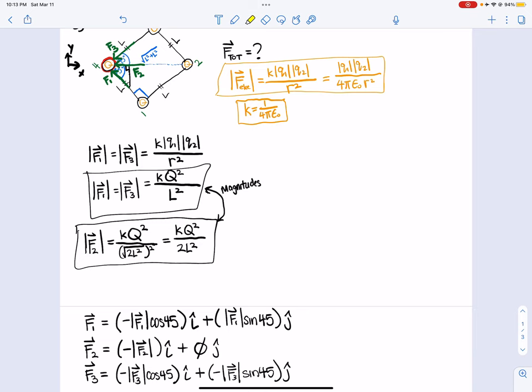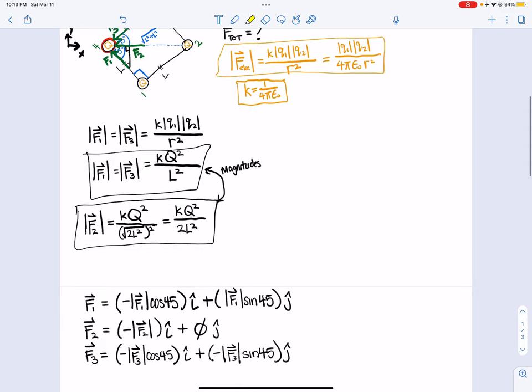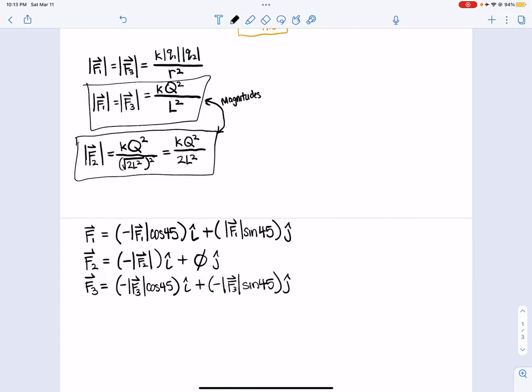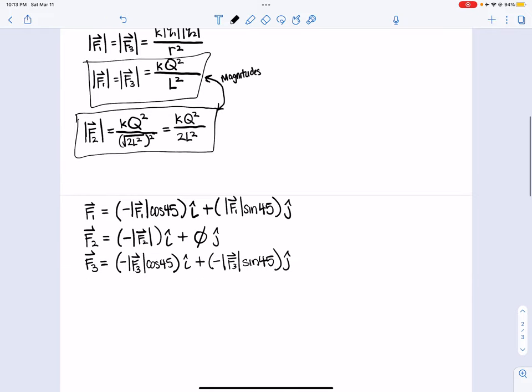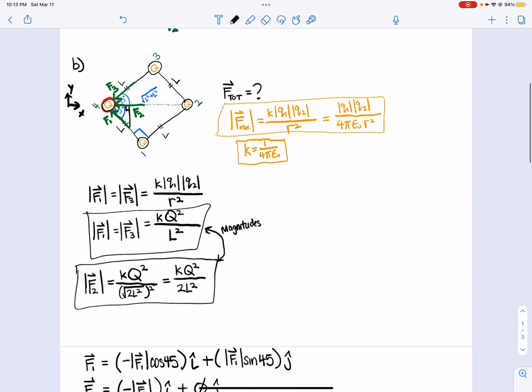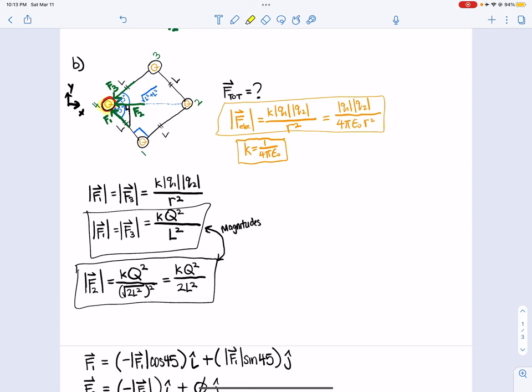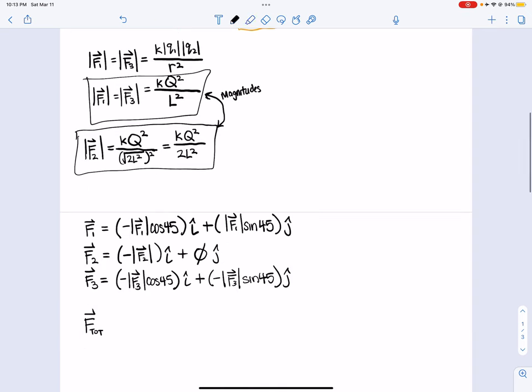Is there anything else I want to say on this topic? Yeah, so moving on, let's calculate our F total, which is what we were looking for in part B, right? So the total force acting on that point 4, or charge 4 right here, is going to be equal to F1 plus F2 plus F3, right?